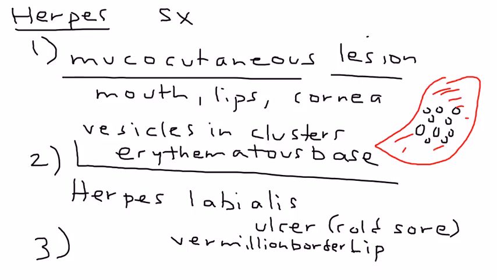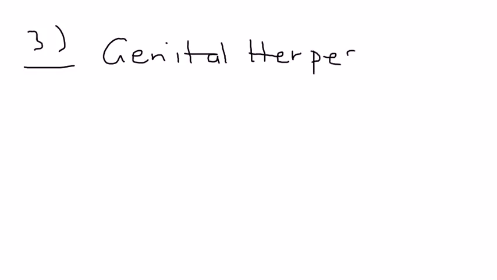And the last one, which I don't have enough space for, is the most common one, genital herpes. By far the most common, and in fact it's the most common ulcerative sexually transmitted disease in the world.